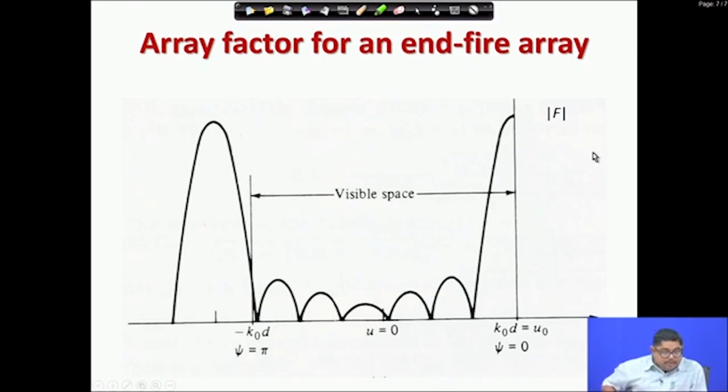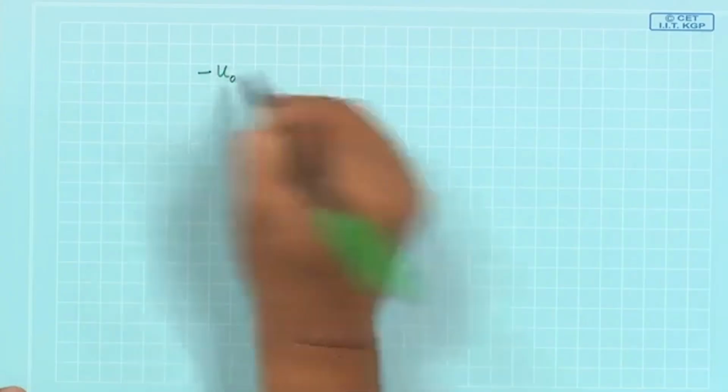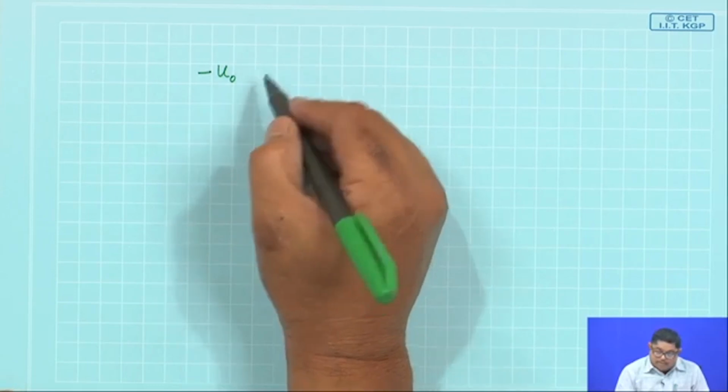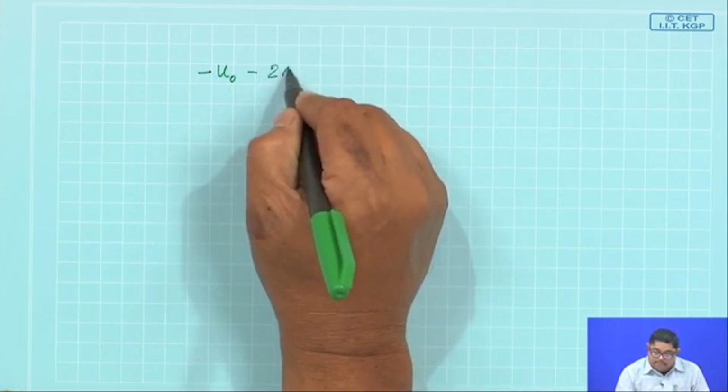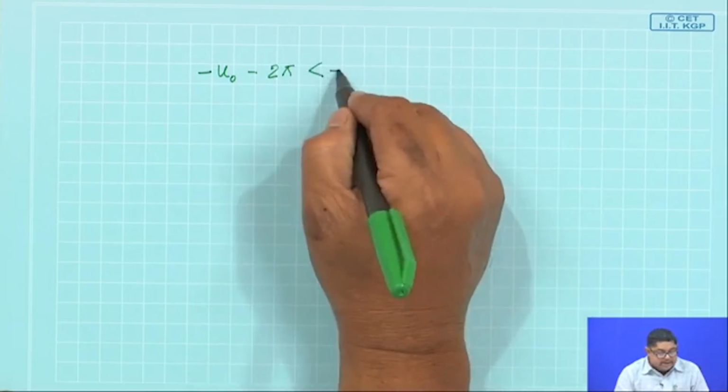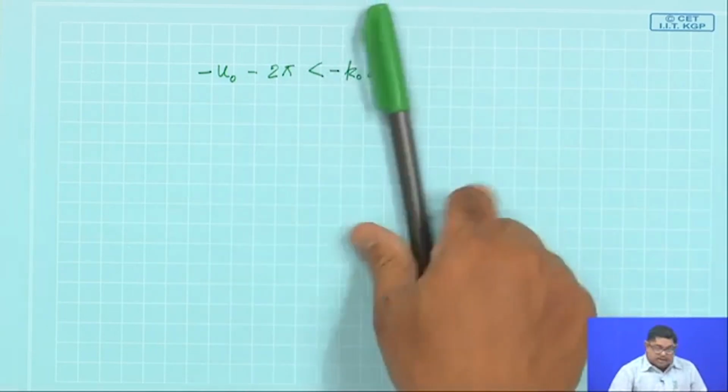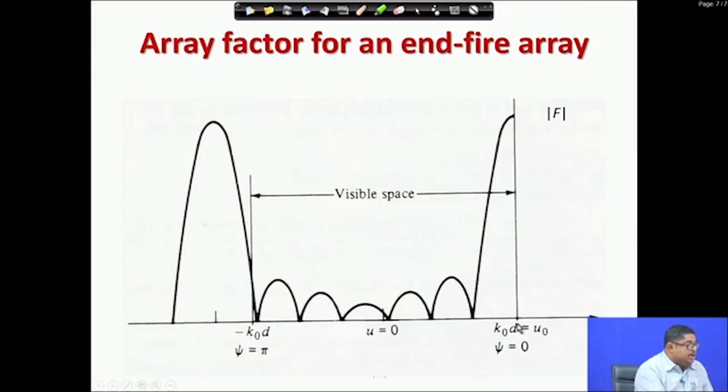So, we will have to find out what we can do to avoid grating lobes. We know that the array factor is periodic with a period 2 pi. So, we can say that minus u 0 minus 2 pi should be less than minus k naught d. What is the meaning? This is my minus u 0 and minus 2 pi, it will go here.